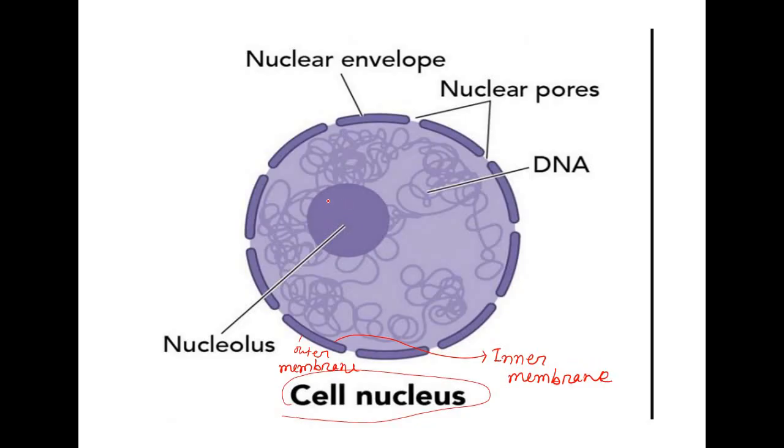Okay, and this central part is called nucleolus. It is a dense region without any membrane, and you can see thread-like structures there, DNA, and the membranes are separated by nuclear pores. Okay, this is the nuclear envelope, and the whole structure is the cell nucleus.